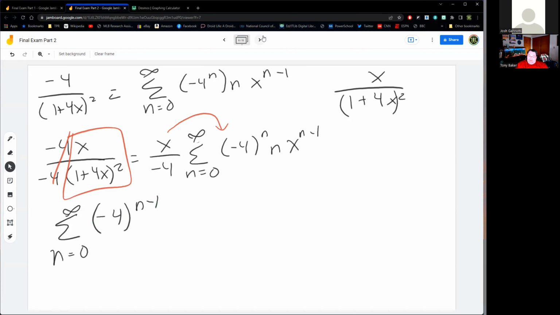If I divide that by negative 4, that's where the minus 1 comes from. And then that x is going to take care of the other one. So I have x to the n there.